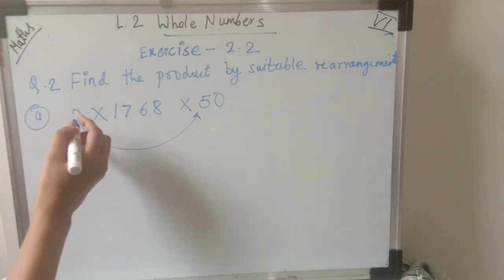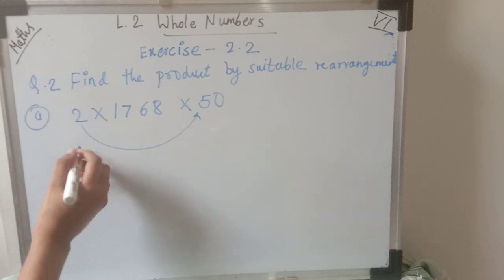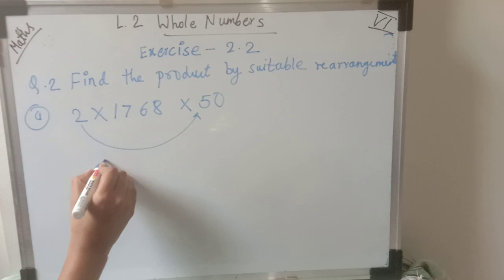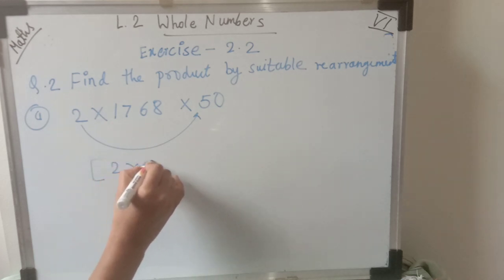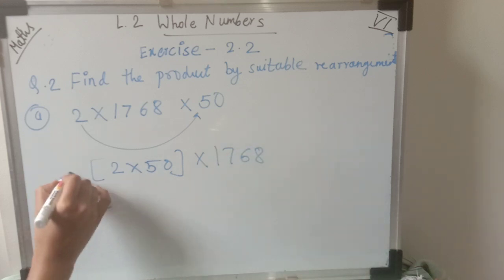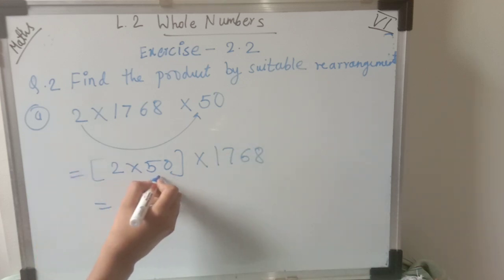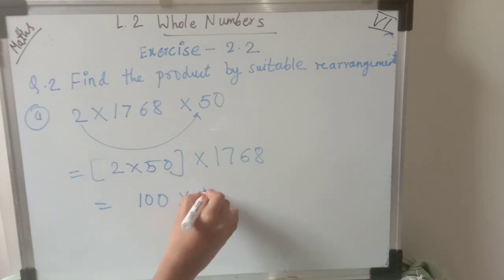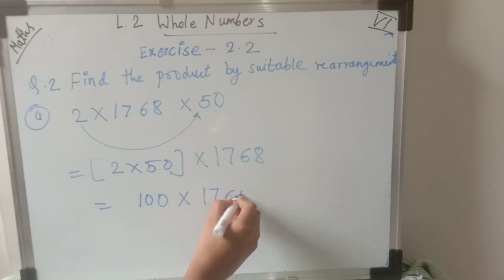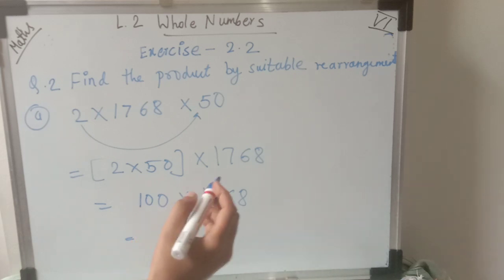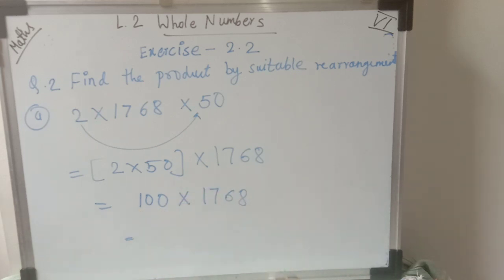So here first I'll arrange the 2 and 50 to do the multiplication. 2 multiplied by 50, bracket complete, multiply 1768. So 2 multiplied by 50 is equal to 100, multiply 1768. In the last session we have learned, students, that if you multiply any number with 0, we get 0.